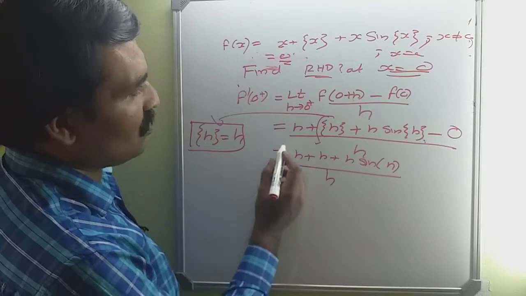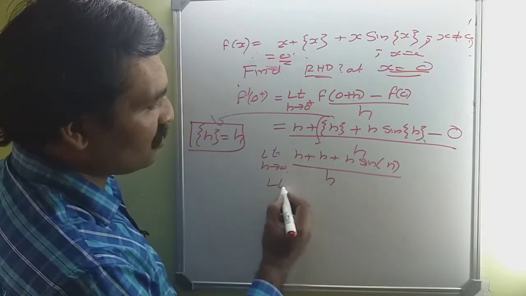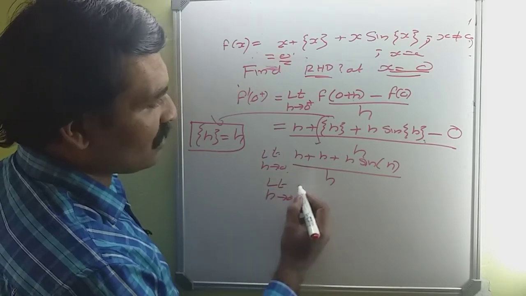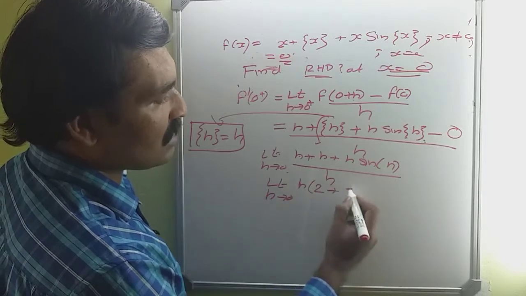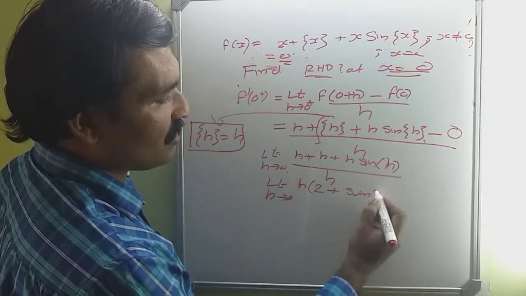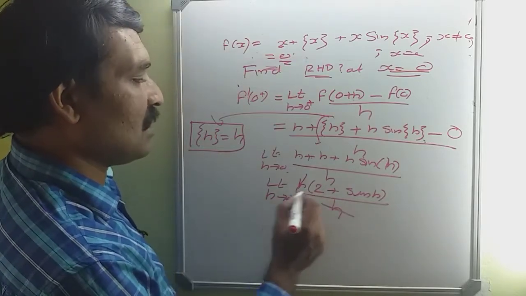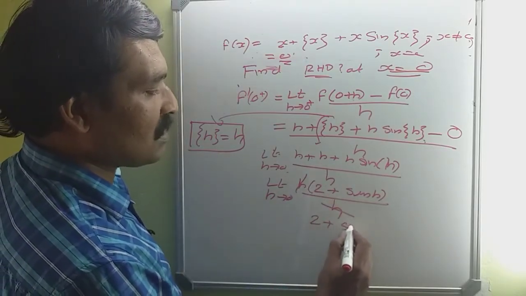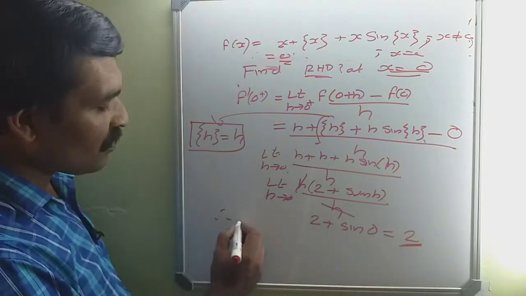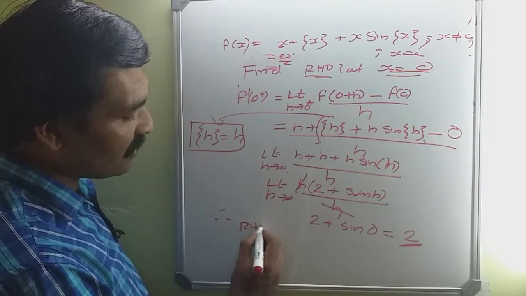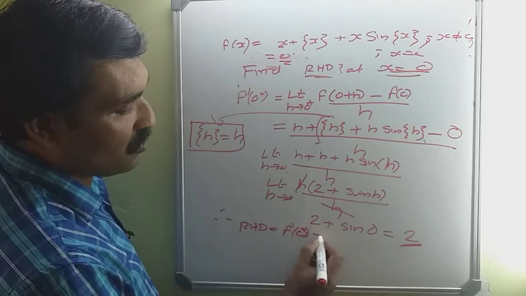Taking the limit h tends to 0, h into 2 plus sine h divided by h, the h and h cancel, then apply the limit. This becomes 2 plus sine 0, which is equal to 2. So the right hand derivative f dash 0 plus is equal to 2.